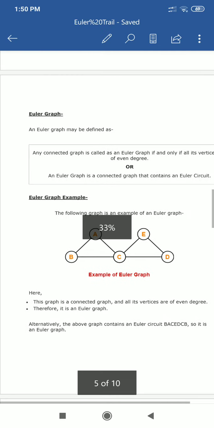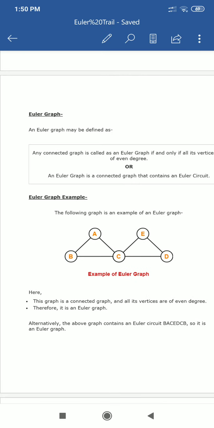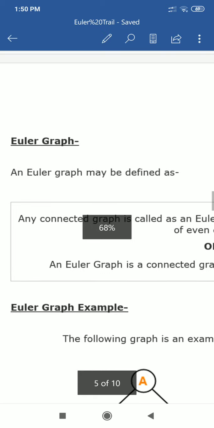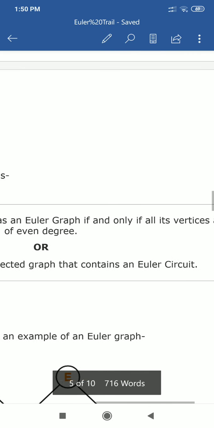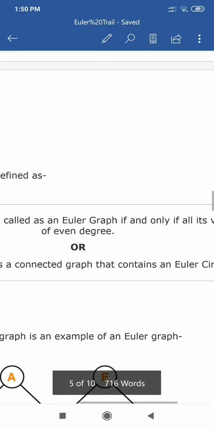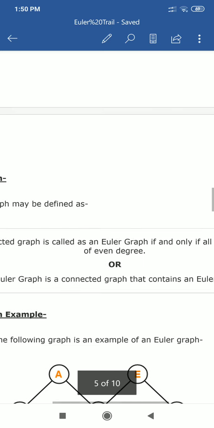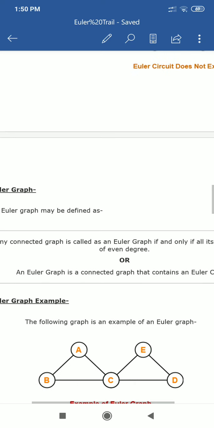Now there are some properties of Euler graphs. First, a connected graph is called Euler if and only if all its vertices are of even degree. I mentioned in class that if you are going to a certain place and want to come back, you must have another bridge to avoid the first bridge.